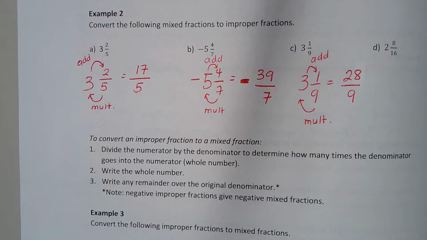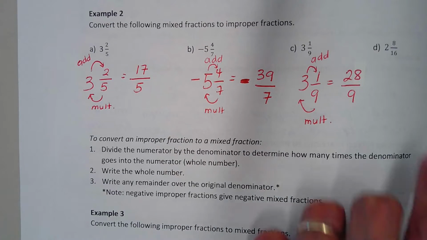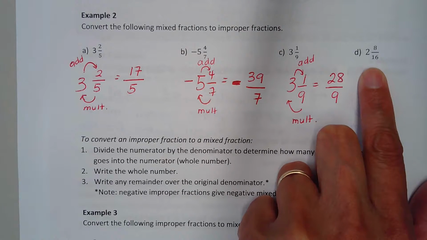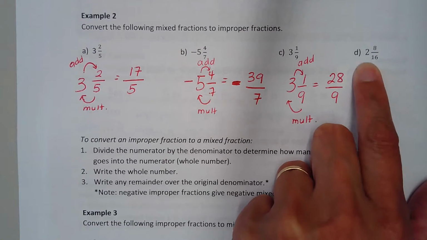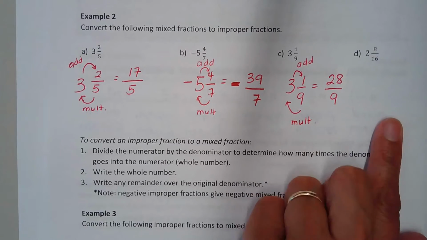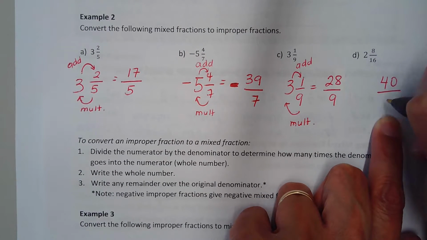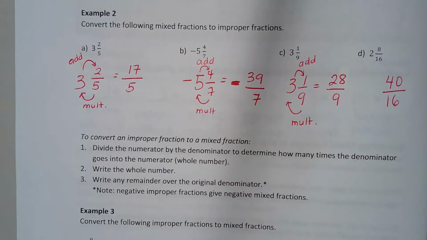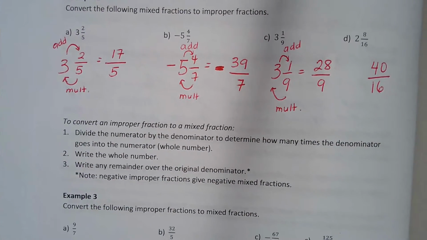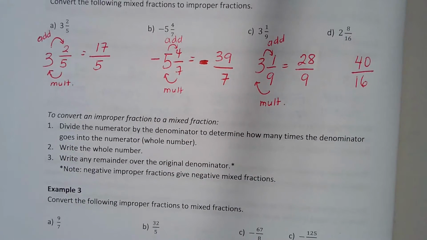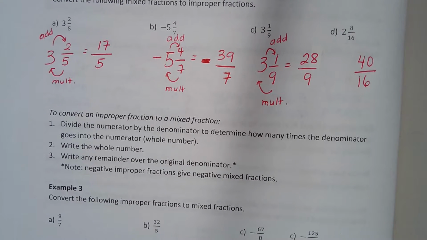Joel, the last one. 40 over 16. Okay, good. That's awesome. 40 over 16. Good.